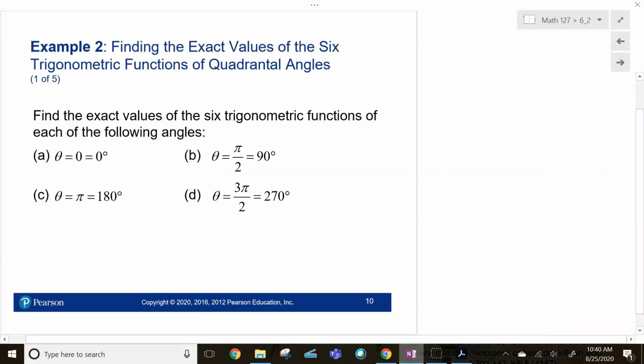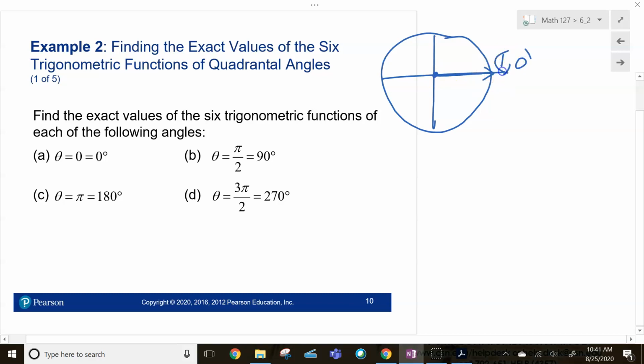So theta equals 0 radians or 0 degrees. If I'm looking at my unit circle and I do not rotate at all, I'm right here at 1, 0. So no rotation projects to this point 1, 0.